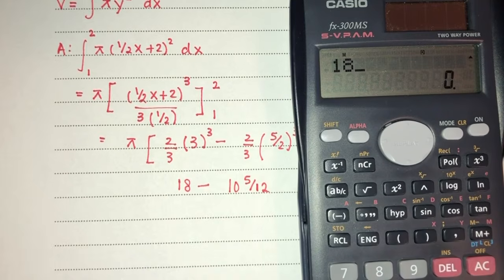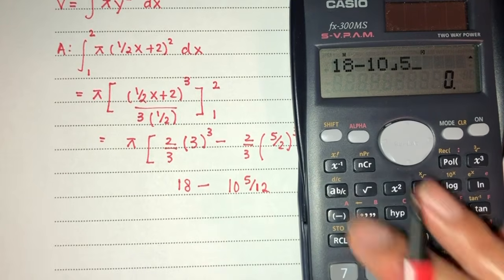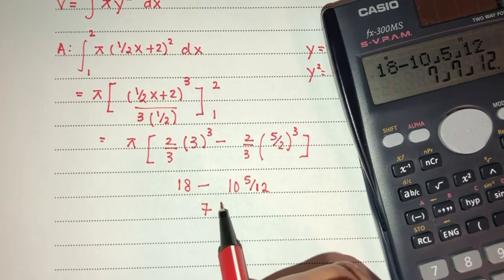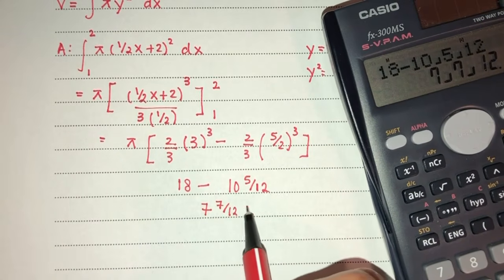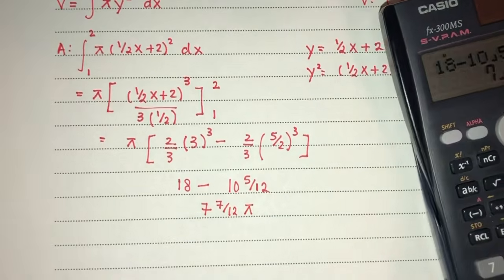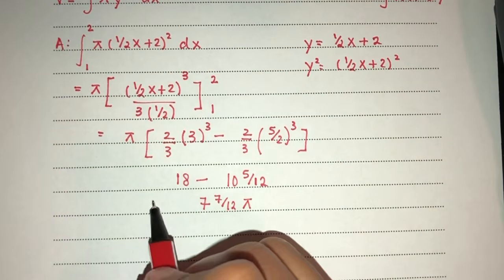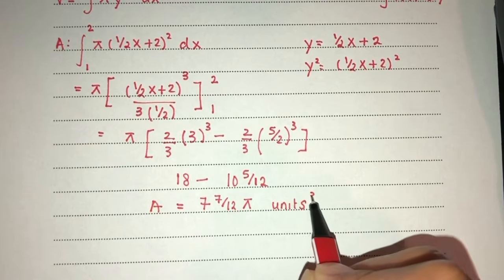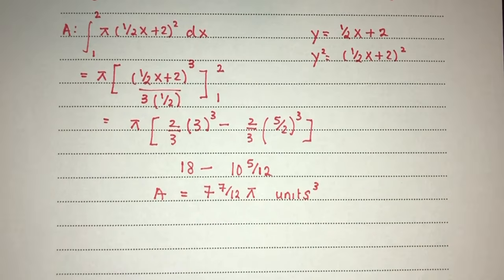So 18 minus 10 5 over 12 should give you 7 7 over 12 pi. That's the first part. This A is given to you by this, units cubed. So now we have to find the volume of B.